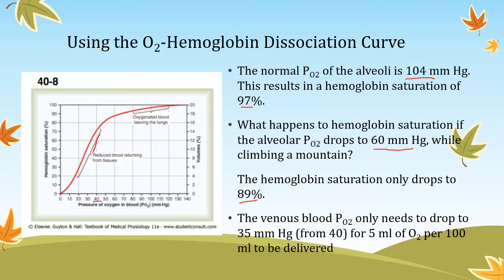So you can see that the graph now is really steep. I've mentioned in the previous slide that the rate of oxygen being released increases as the partial pressure of oxygen drops, especially from 40 and below.